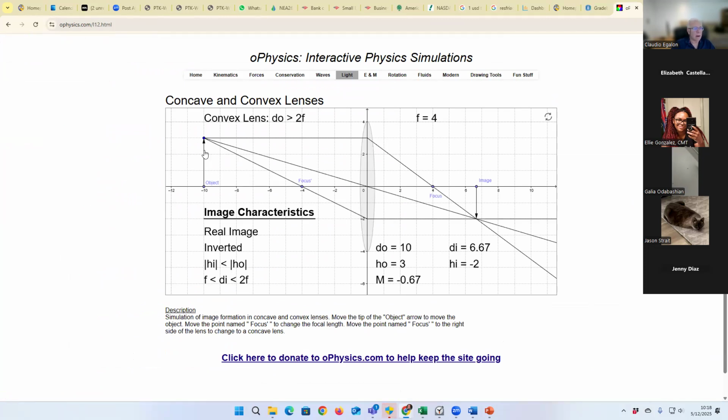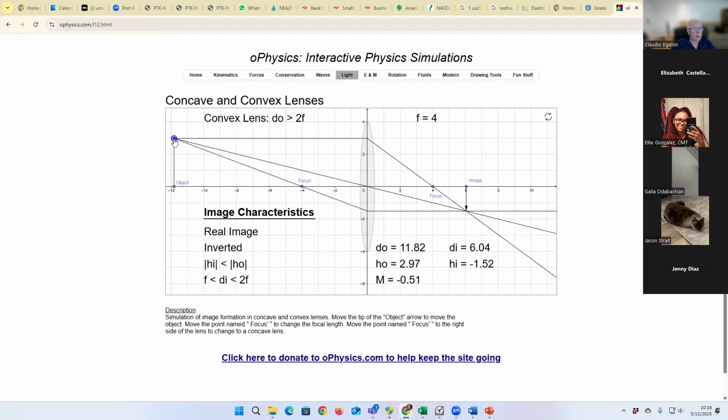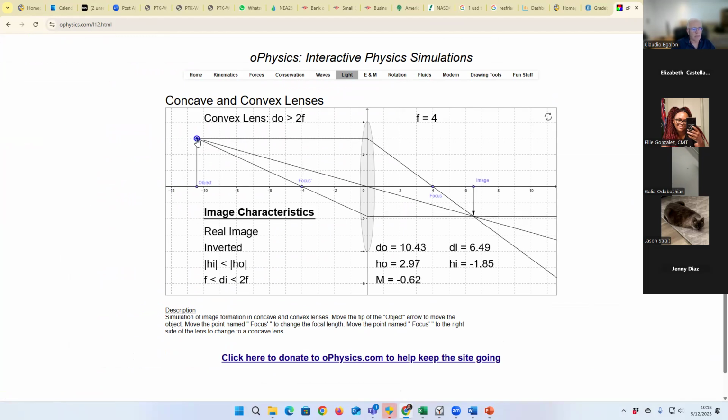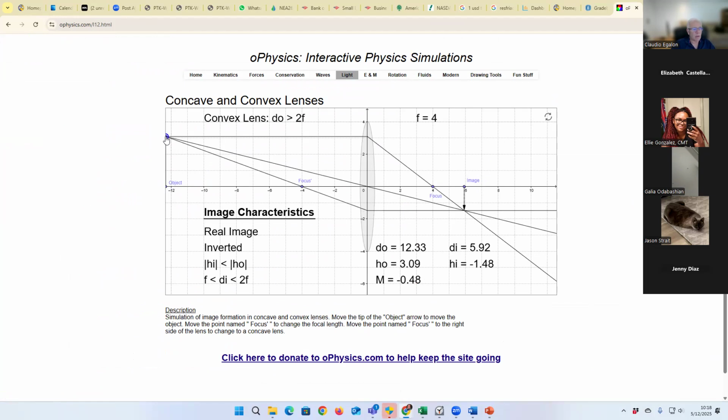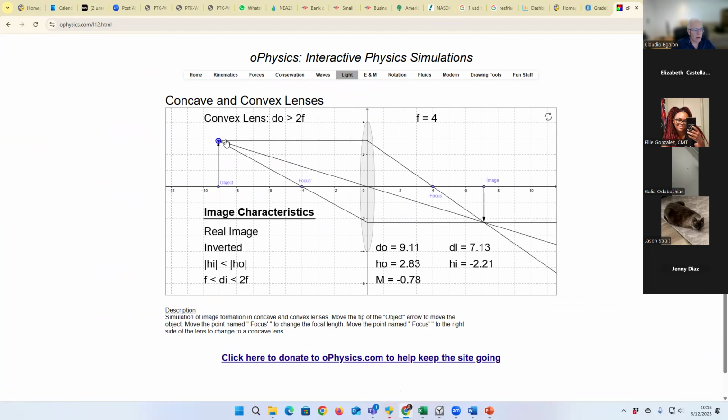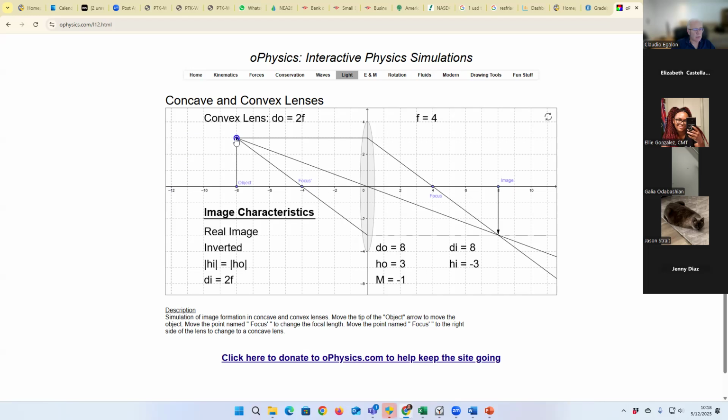I can move my object to see what happens to its image. If I put the object at a position that's exactly twice the focal distance, the image formed behind the lens is going to be inverted, but the distance is going to be the same, just like in the case of the mirror, right?